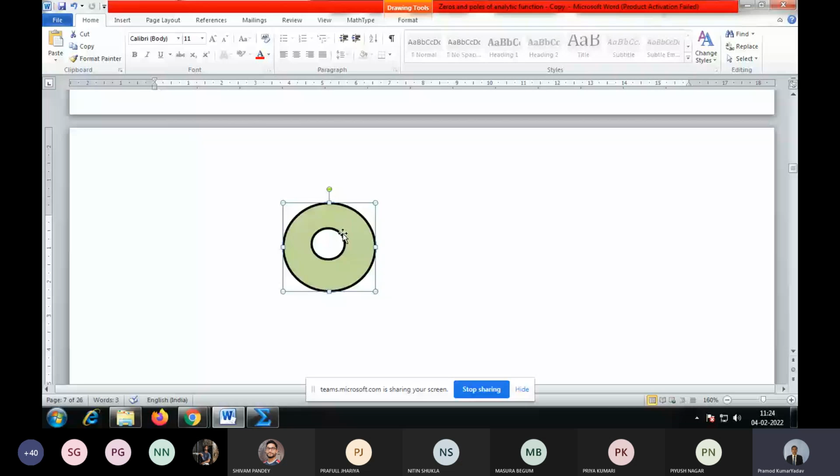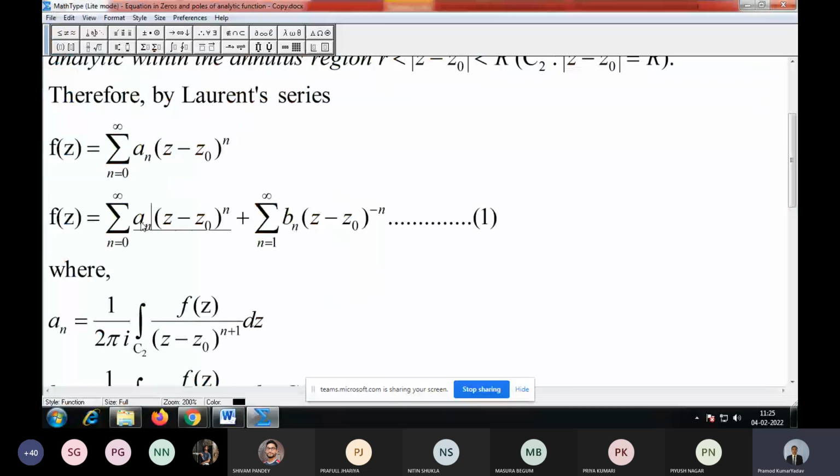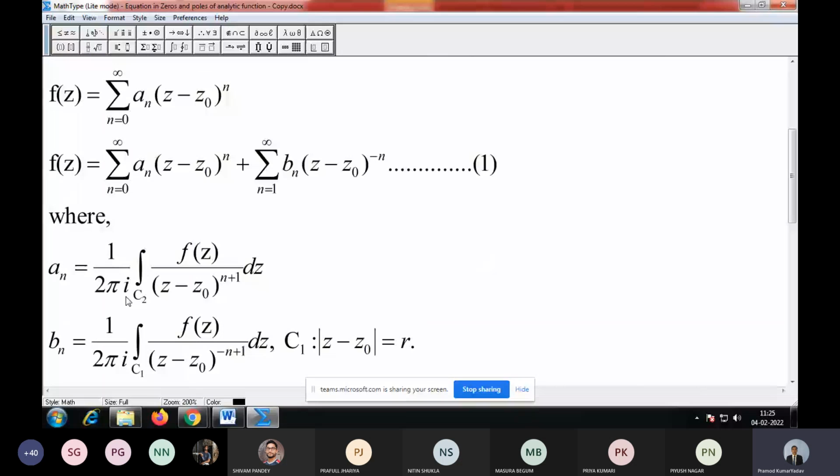Then f(z) for all values of z within the annular region can be expressed in series form: f(z) equals the summation of a_n (z minus z naught) to the power n plus the summation of b_n (z minus z naught) to the power minus n. Be careful. In the first sum, n varies from 0 to infinity, but in the second, n varies from 1 to infinity. And here a_n is this one and b_n is this one.